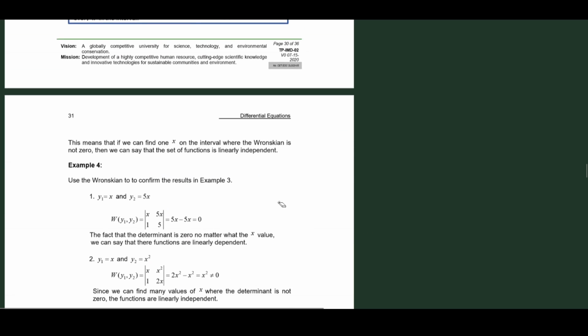Okay, so let's start with the first one. We have y1 is equal to x, and y2 is equal to 5x. So let's find the Wronskian.